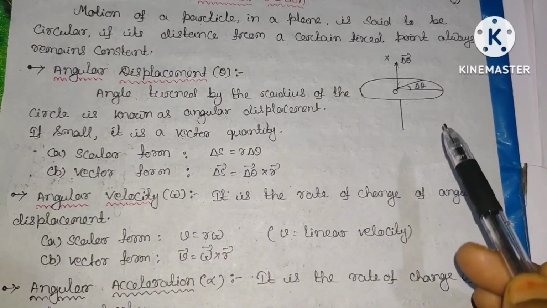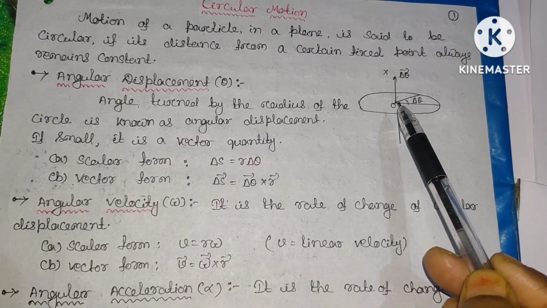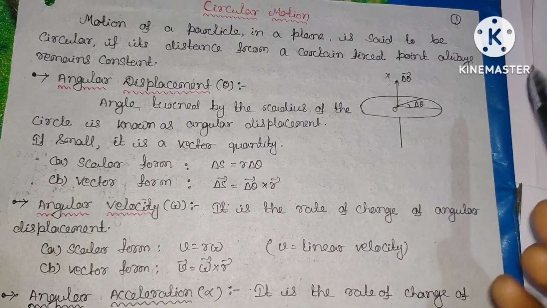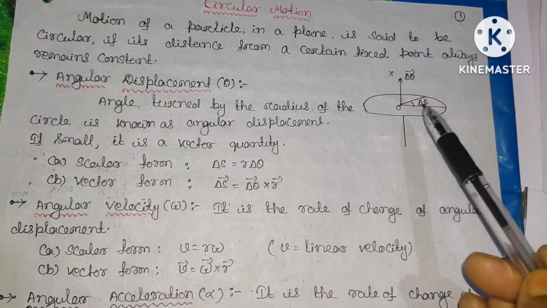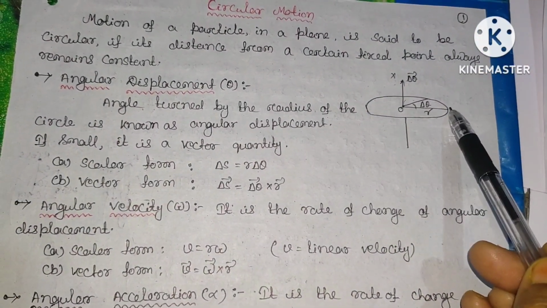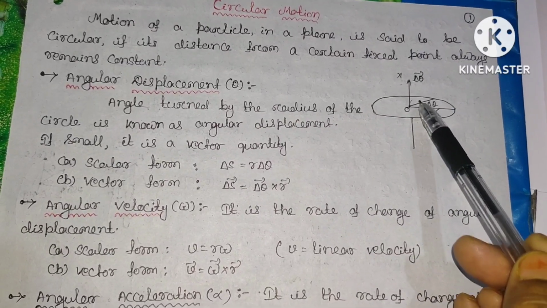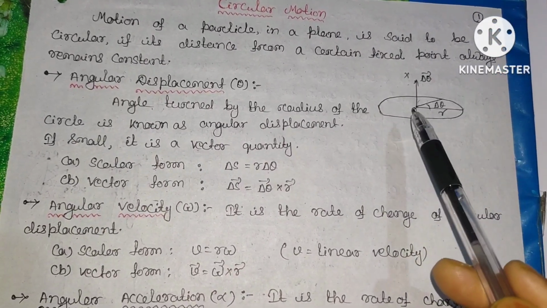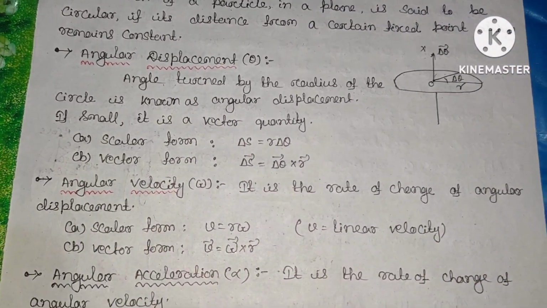You can see here in the diagram, if this is the circular track and this is the radial distance r, and it makes an angle del theta if the particle position changes from this point to this point, so that it can make the angular displacement del theta, and this is the direction of del theta, that is the angular displacement.